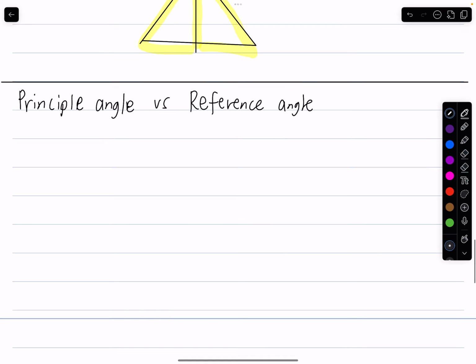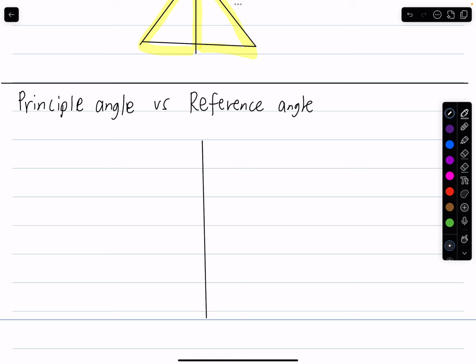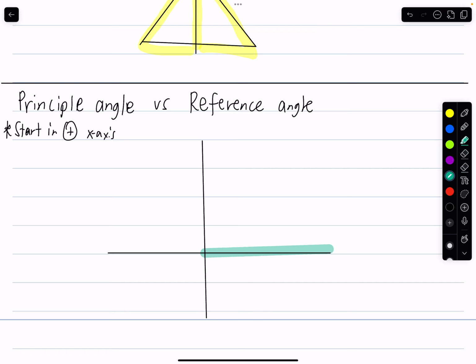So the principal angle, if you look at this, we're always starting in the positive x-axis, which is over here. That's where we're going to start.